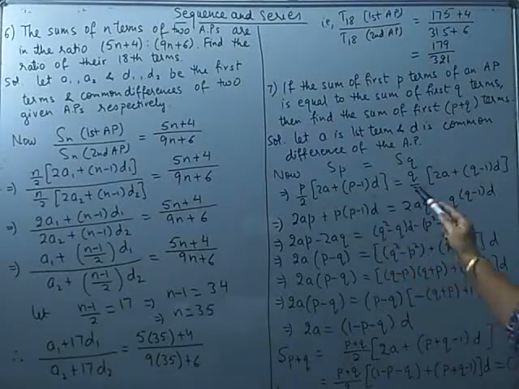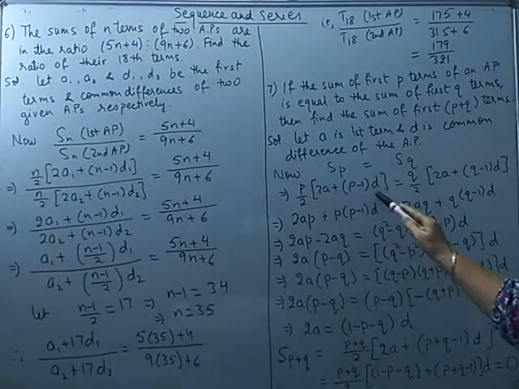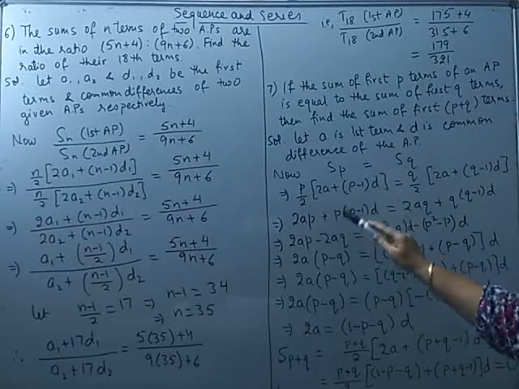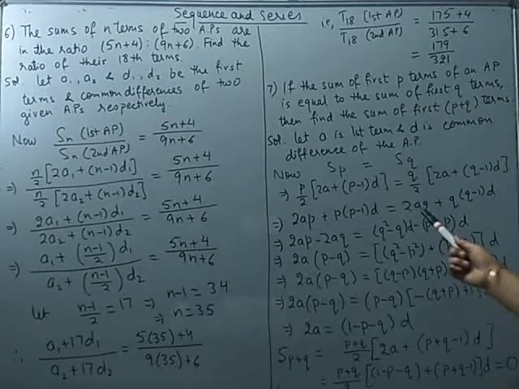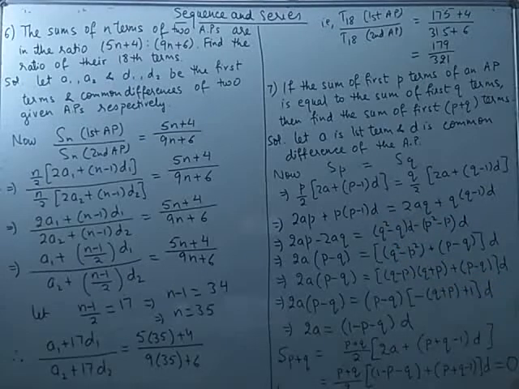So the 2 in the denominators on both sides you can cancel out, and I have multiplied P with both the terms. So this becomes 2AP and this will become P into (P minus 1) into D. In the same way, on the right side you multiply Q with both. We get twice of AQ plus Q times (Q minus 1) D. Now let us just rearrange the terms in the equation. 2AQ we can shift to the left and this term can be shifted to the right.